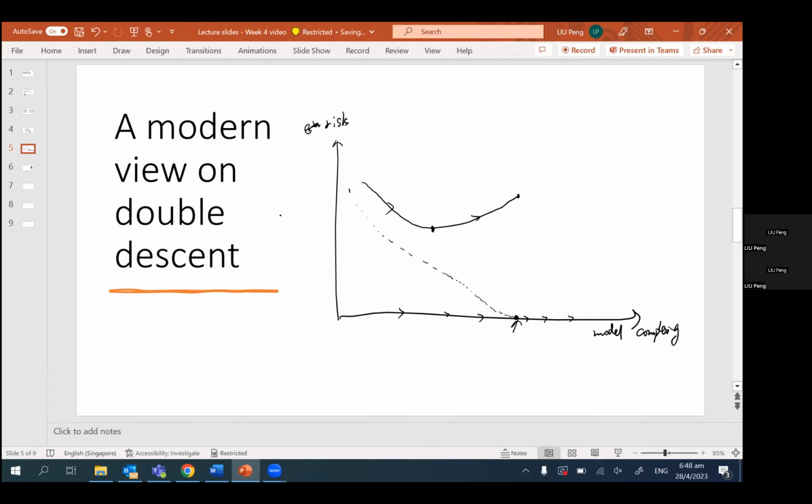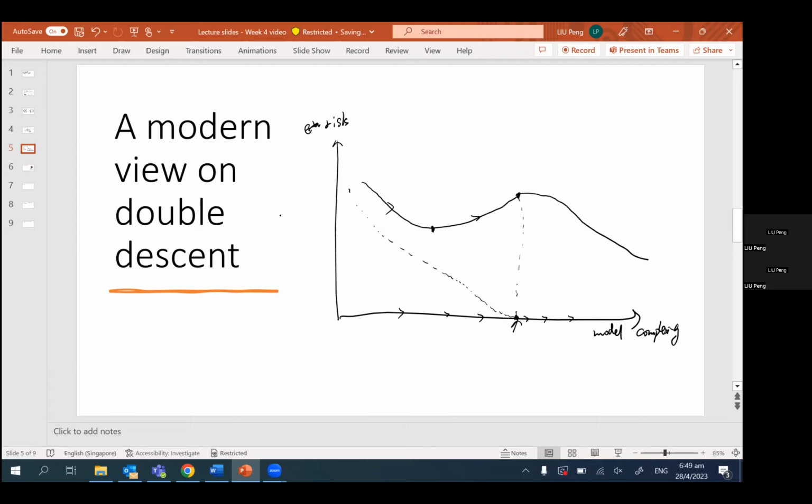Now what happens if we continue to increase the model complexity? Let it learn by itself. It turns out that something interesting happens. We see that the curve starts to decrease. So that's interesting.